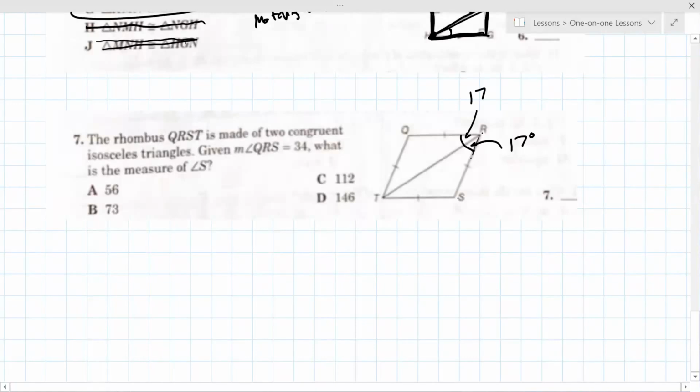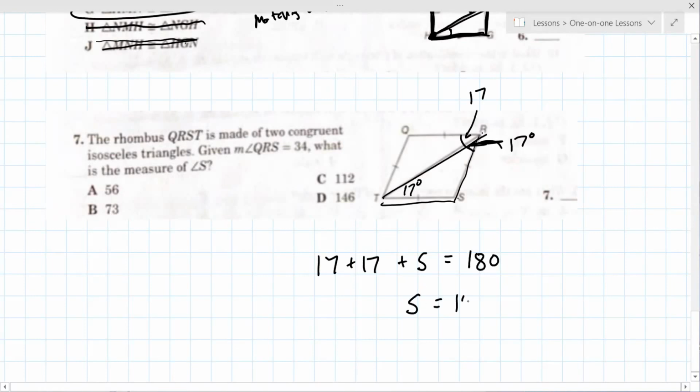And because this is an isosceles triangle down here, that means that this base angle is the same as this base angle. So this is also 17 degrees. So 17 plus 17 plus S has to equal 180. So when you solve that, S is 146 degrees.